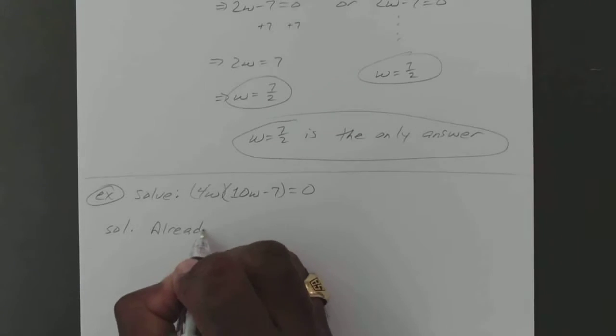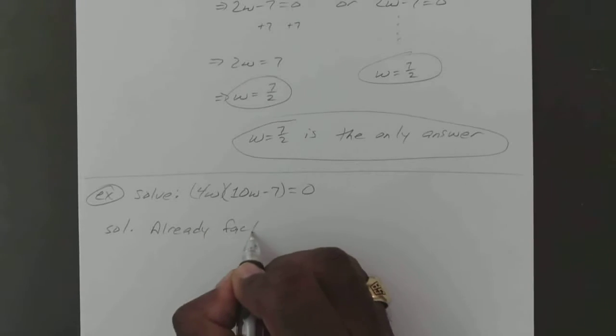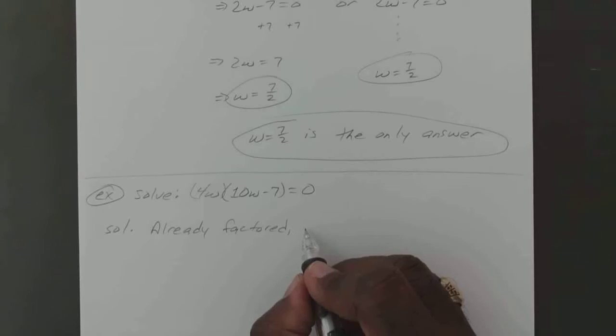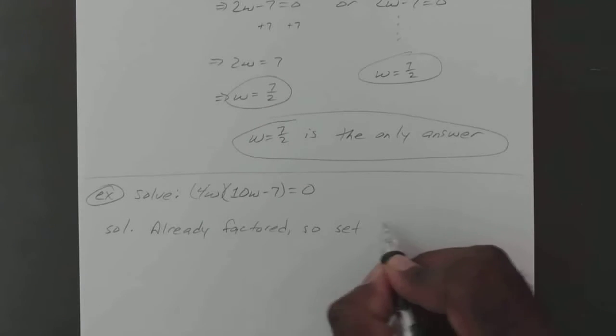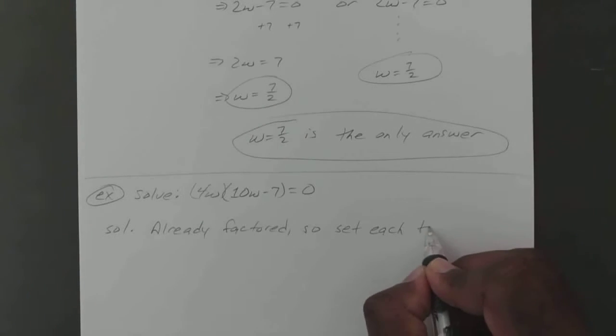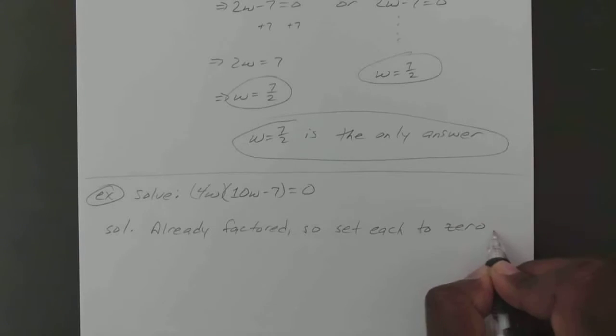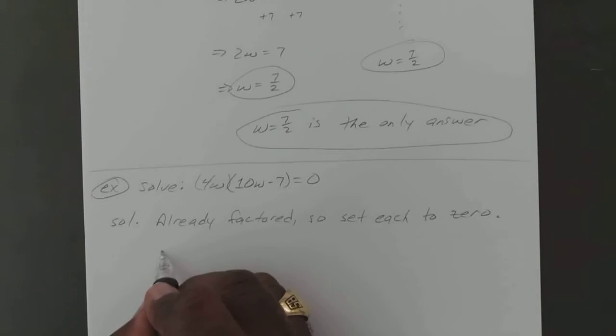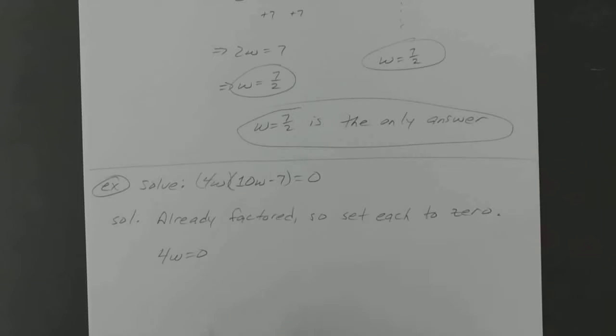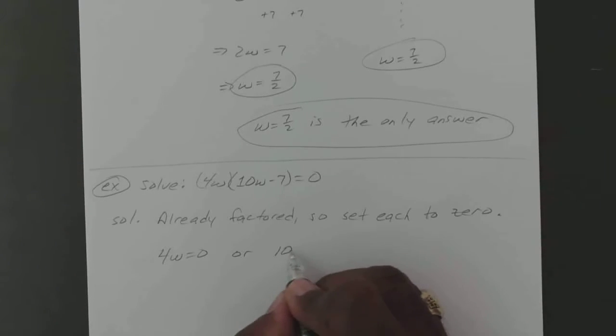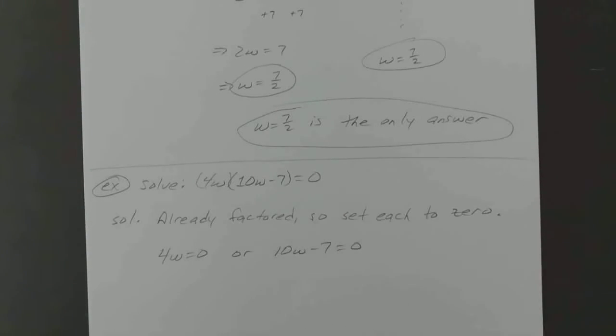Okay, so it's already factored. So set each to 0. Okay, so that means 4w can equal 0, or 10w minus 7 can equal 0. Either one would make it true.